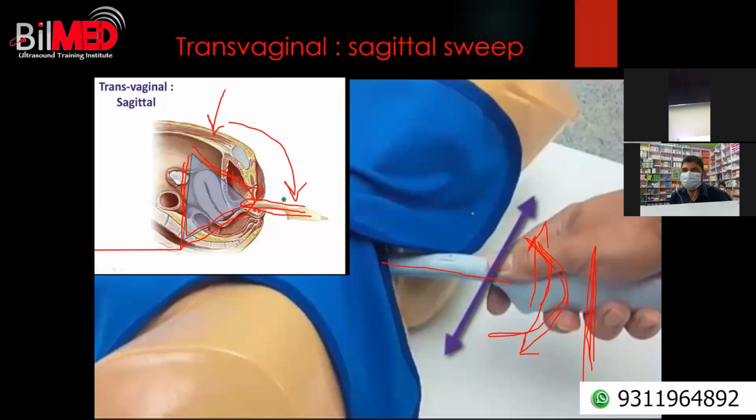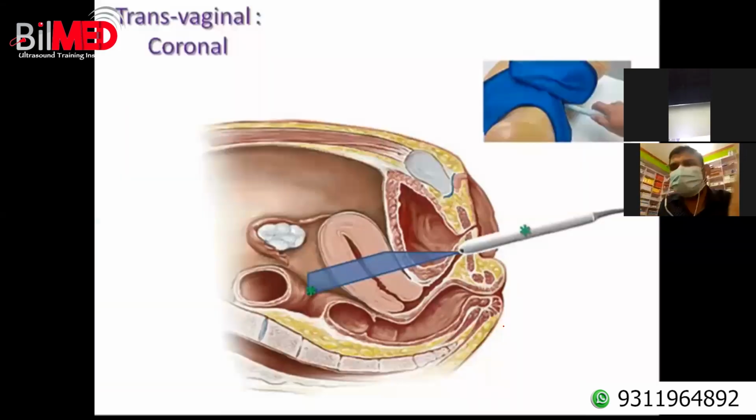Now see. Whenever the uterus is in longitudinal section this way, you have to slide your probe sidewise of the patient. But when you are in transverse section, the marker is towards the patient's right.